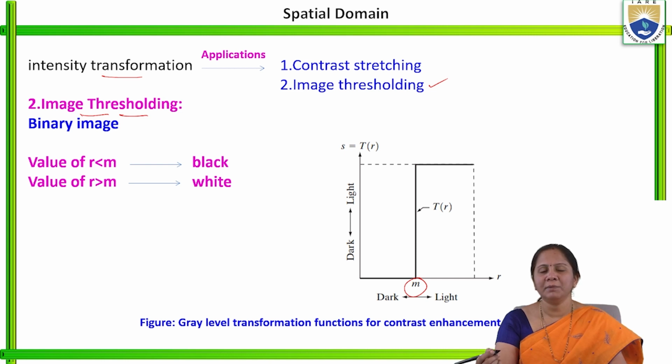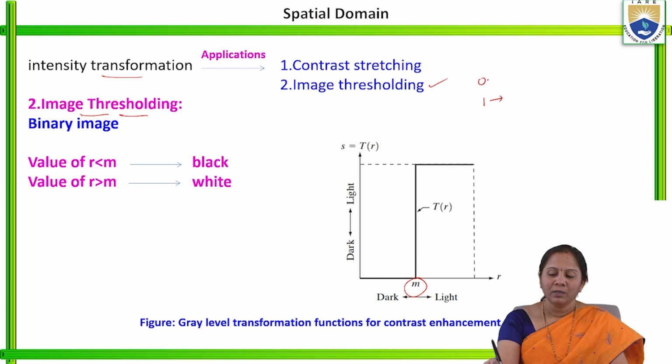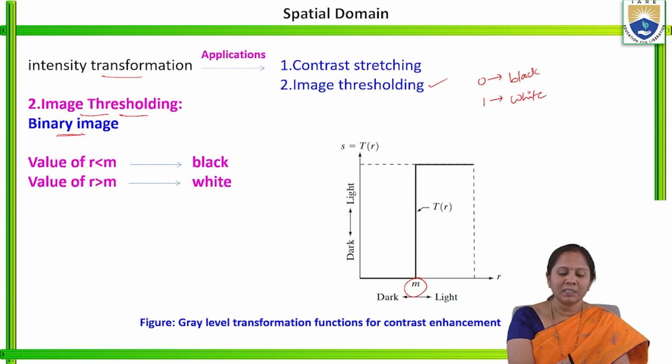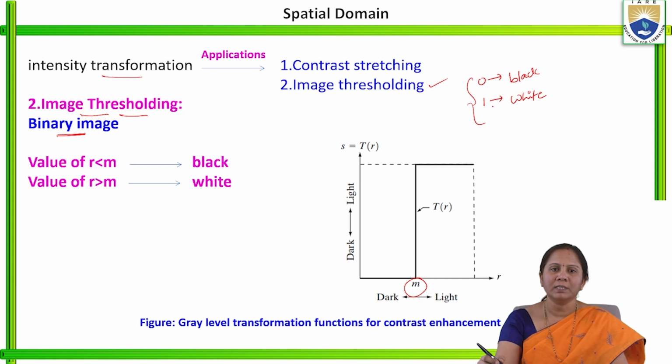A binary image consists of only two pixel values: one is 0, another is 1, where 0 represents black color and 1 represents white color. As this image consists of only these two pixel values, it is called a binary image. The entire image will look either black or white, with no other color in between.